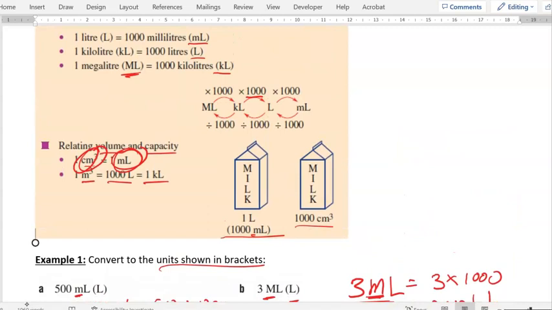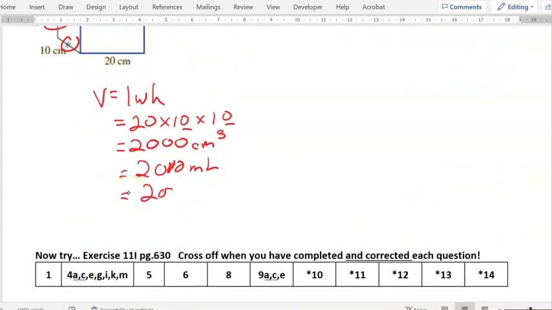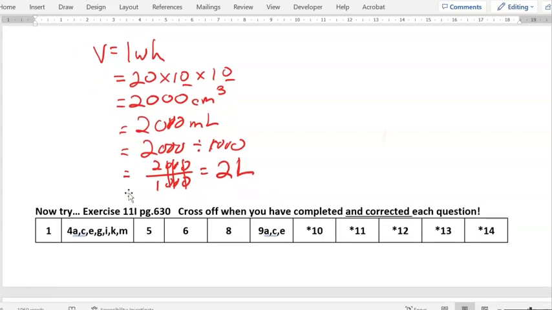To get from milliliters to liters, a larger amount, to give me a smaller number, I'm going to divide by 1,000. So I'm going to get 2,000 divided by 1,000. Look at that. It actually equals 2 liters. And so we've done our conversion. Now, do some practice. Make sure you get it right.